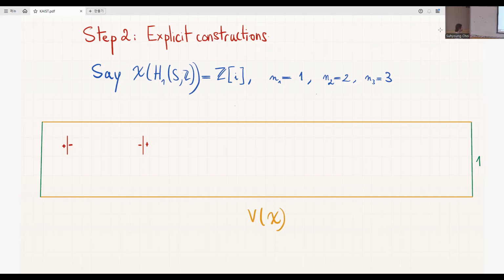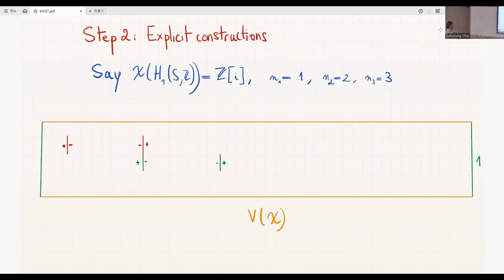But it's not a problem. I can still continue and just do another cut and glue on my surface like that. And so those 3 points here are identified, and I have a branch point of order 2. So I have a branch point of order 1 and one of order 2, but I have another one here that is of order 1, and I'm not really happy. I don't want to continue because it will never stop.